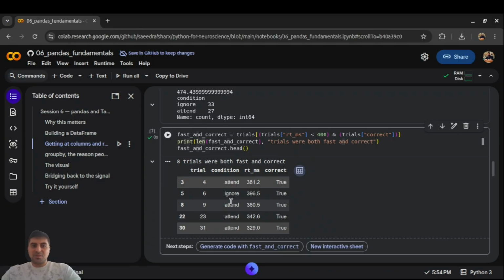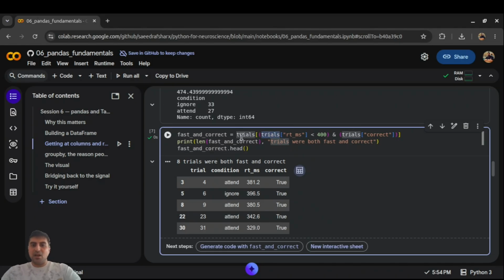Filtering rows works by writing the condition inside the brackets, okay? Trials is our data set, we want to start filtering it. We write a bracket, then we put our conditions inside it, and this way it will only report back to us the values for which we have put the conditions.